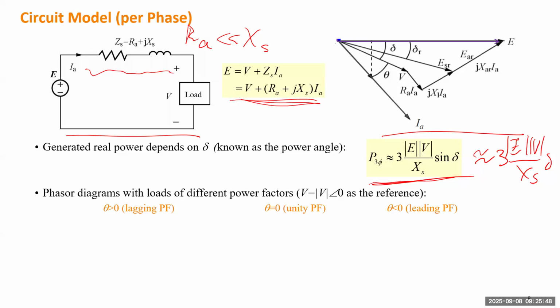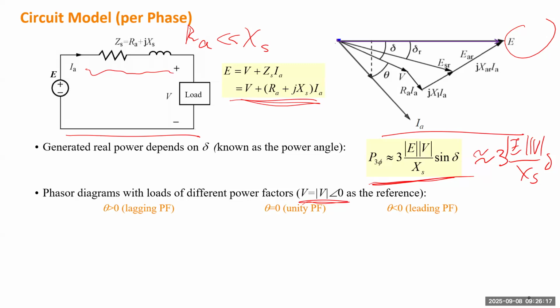Next we want to study how the phasor diagram changes under 3 typical conditions. For the convenience of drawing the phasor diagrams, in the following, instead of using E as the reference, we just use the external voltage on the low side as the reference. We will study the 3 conditions: lagging power factor, unity power factor, and leading power factor.